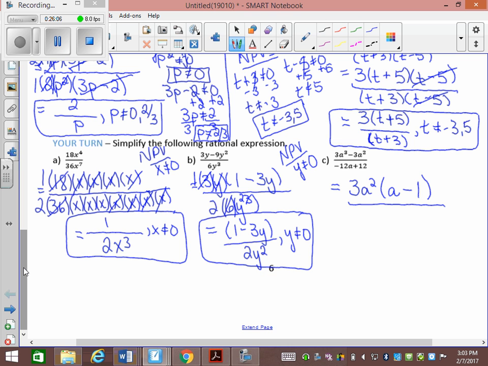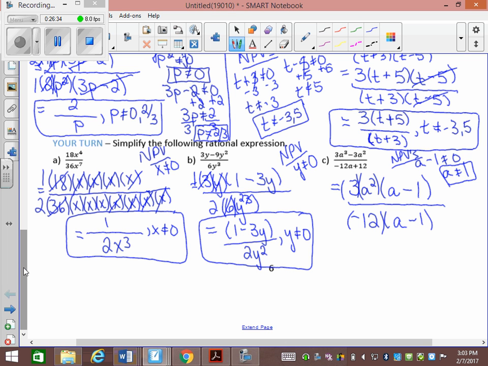And I want positive a minus 1, so I can cancel them. So I actually take a negative 12 out of the denominator. I take a negative 12 out of negative 12a, I'm left with a. 12 divided by negative 12 is minus 1. And then the 3 and the a squared are in their own brackets. So basically I have a minus 1 can't equal 0 for my NPVs. So a can't equal 1.